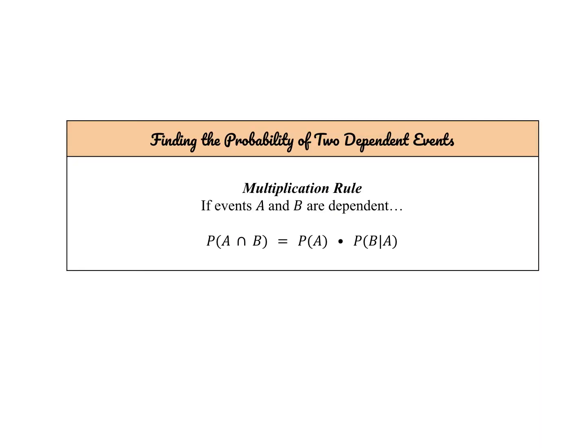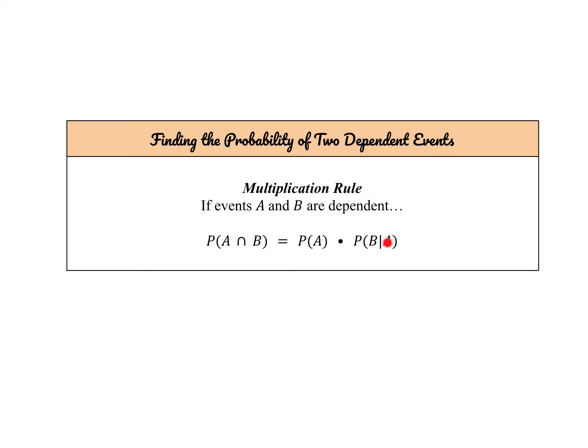All right, so once we know that two events are dependent, we can find the probability of the intersection of those two events using what's called the multiplication rule. Again, we are assuming that we already know that events A and B are dependent. So the probability of A and B happening is the probability of A times the probability of B given A. I have said in the past, if we are doing something, and means multiply.